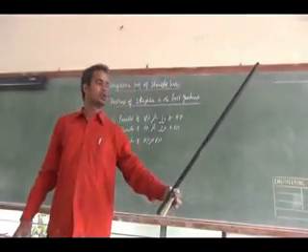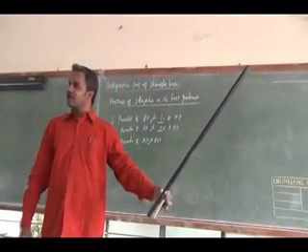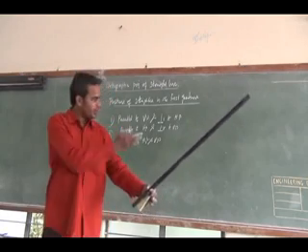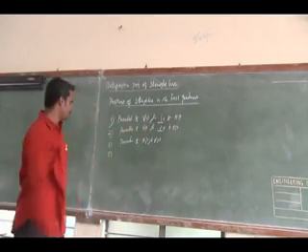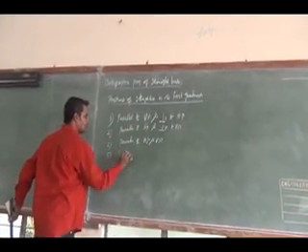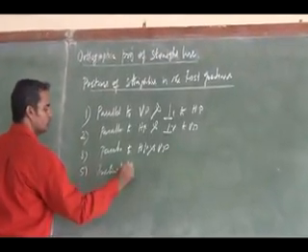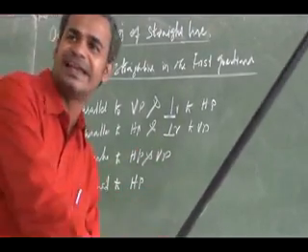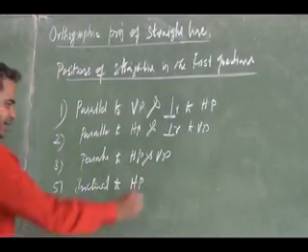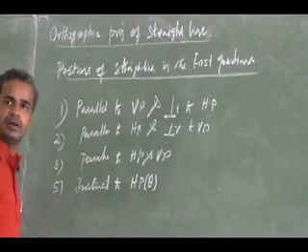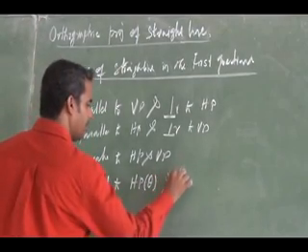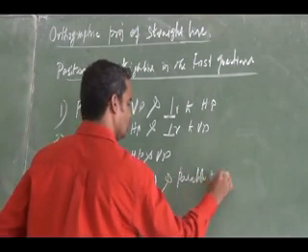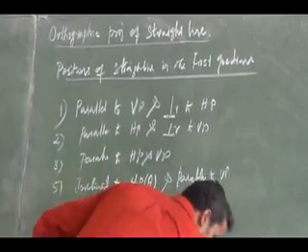Fifth one. What is this one? Inclined to which plane? Horizontal plane, and how is it placed? Parallel to VP. It is inclined to horizontal plane. That inclination I will say is theta, and it is parallel to VP.